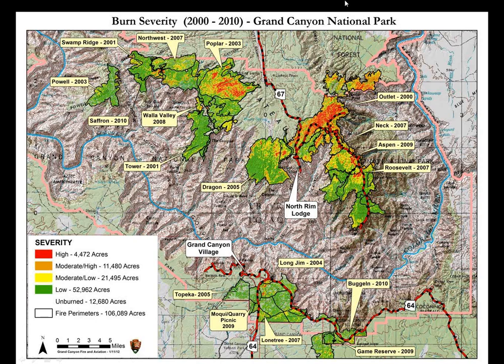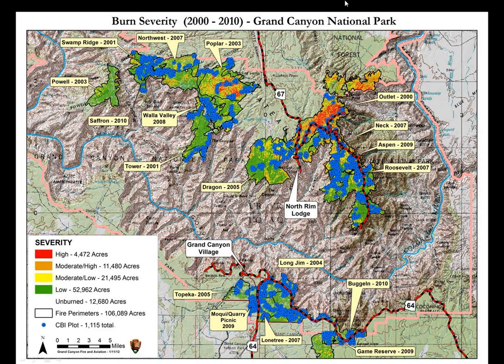The one thing I've learned from doing all this burn severity is that the MTBS data is really accurate and really great as it's delivered. But that said, I think you can really improve the data and tailor it to your specific site by using what are called composite burn index plots, or CBI plots.